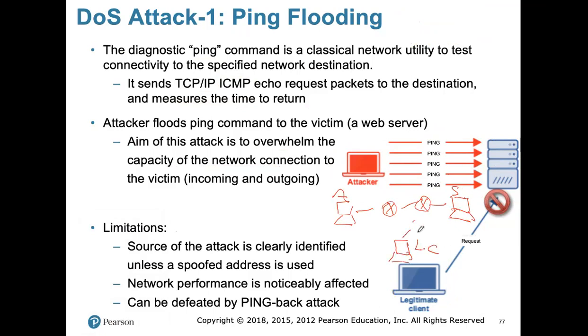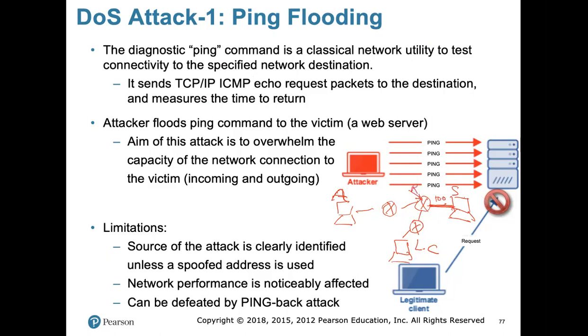This legit client is also trying to get connected to this server, but this specific link is now overwhelmed. 100% of its bandwidth is being used because of the ping packets which are being flooded from the attacker. And the packets that come from the legit client are being dropped by this router.